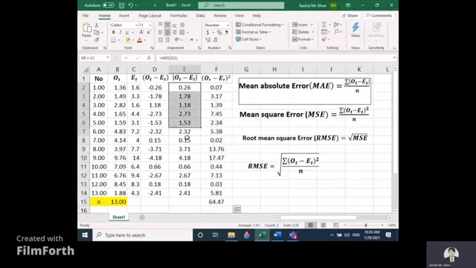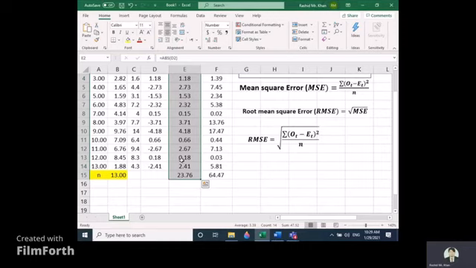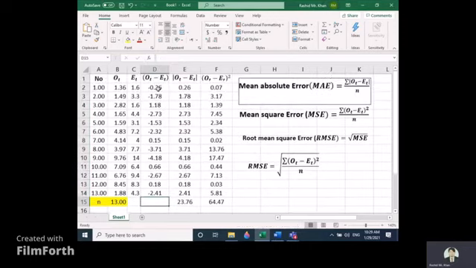This is the sum for the first column, and this is the sum for the second. We don't need it, but you can also sum this column as well. Now the calculation is very easy.